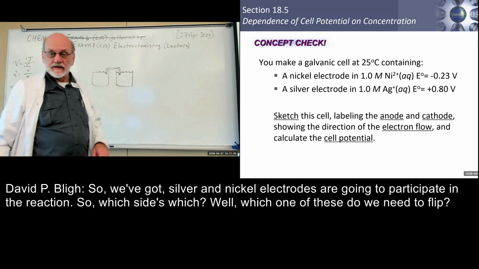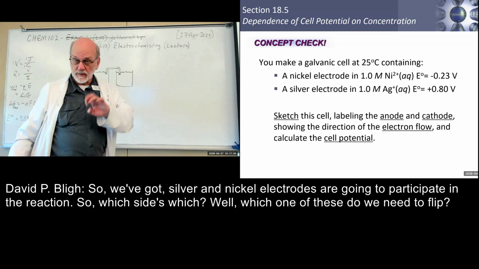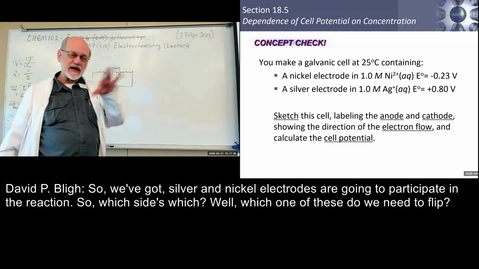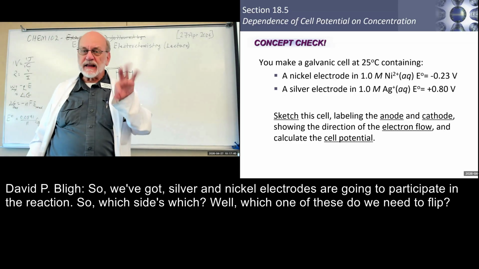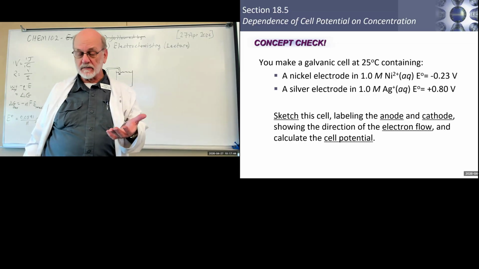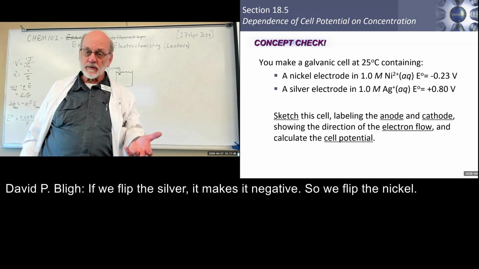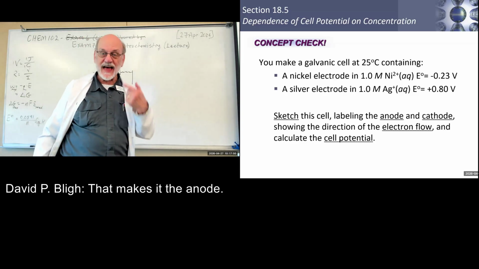All right. So the silver and nickel electrodes are going to participate in the reaction. Which side's which? Well, which one of these do we need to flip to change the sign and make a positive value? If we flip the silver, it makes it negative. So we flip the nickel. That makes it the anode.